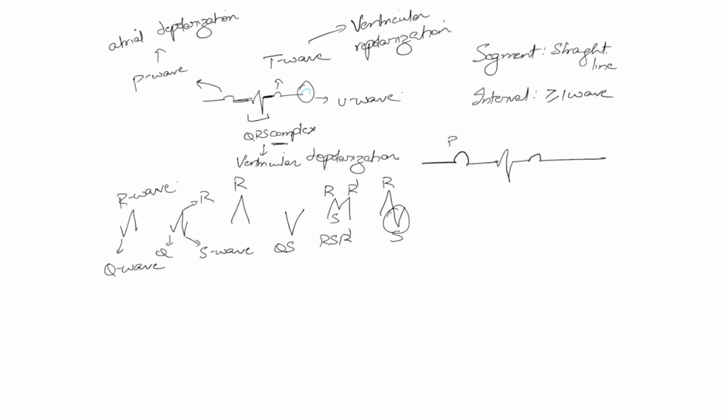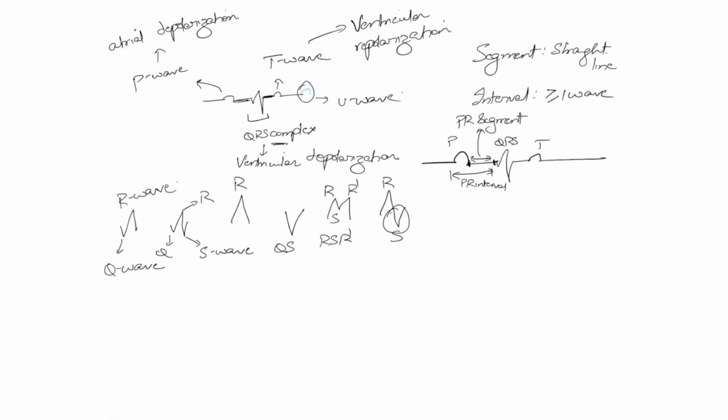So P, Q, R, S, and T. So the PR interval would be like so. So it's from the start of the P wave to the beginning of QRS. So this is the PR interval. And it's essentially from the beginning of atrial depolarization to the beginning of ventricular depolarization. The segment from the end of atrial depolarization to the beginning of ventricular depolarization, this one, it's going to be called the PR segment.